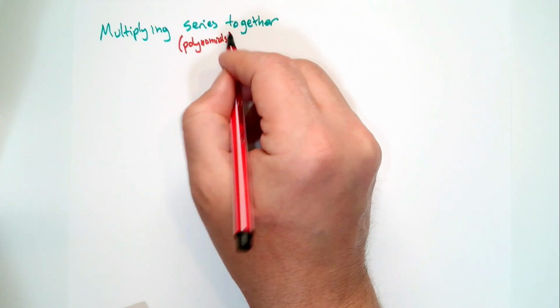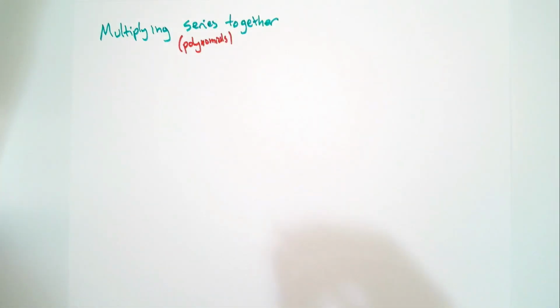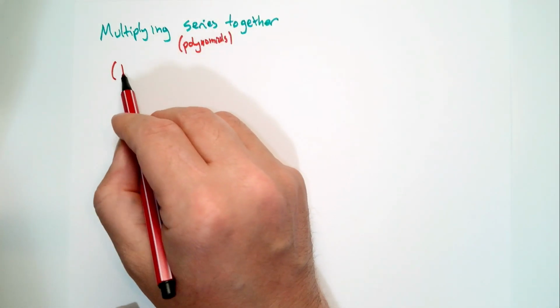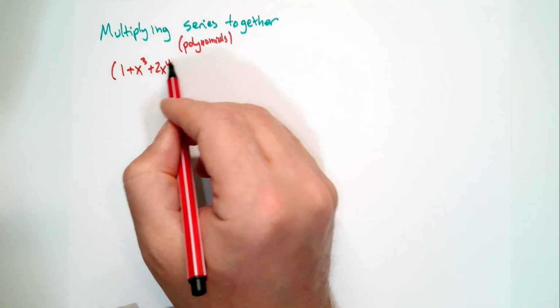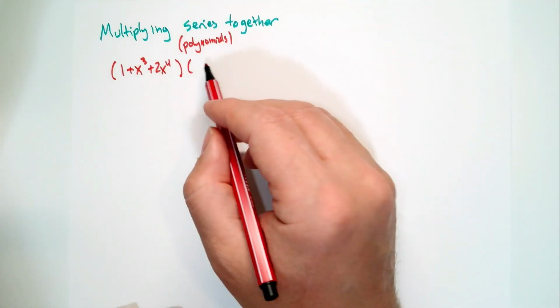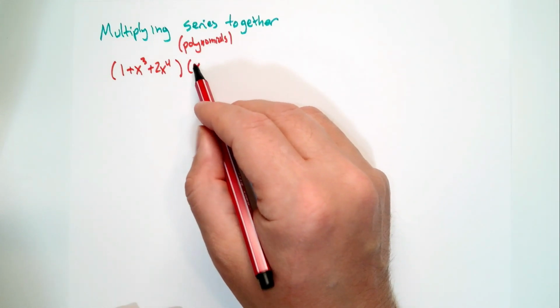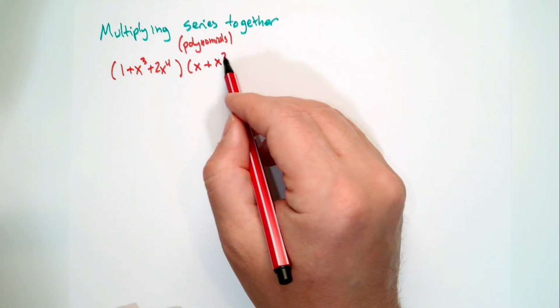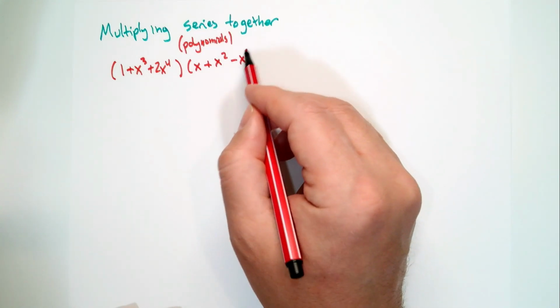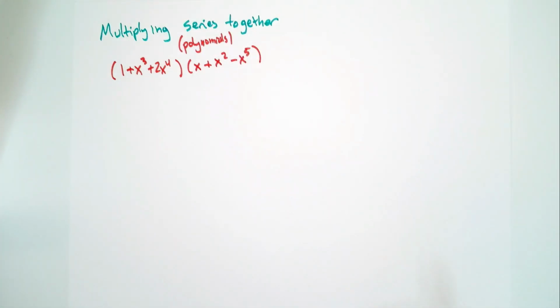And you might say, yeah, sure, that's not so bad. So for instance, if I had 1 plus x cubed plus 2x to the fourth, and I multiplied that by x plus x squared minus x to the fifth, what would you do?